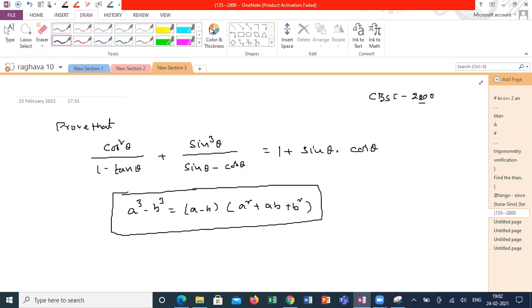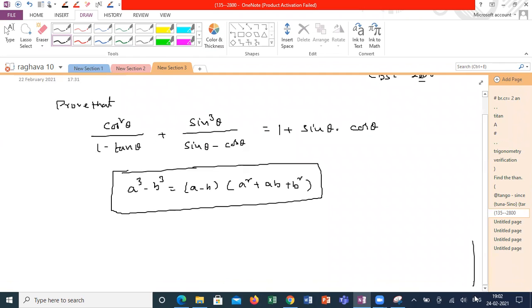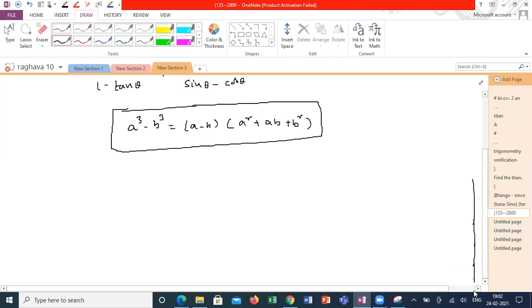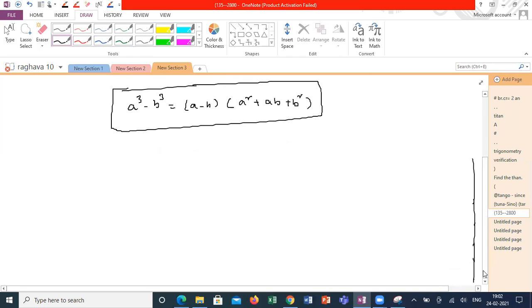Anyone got the answer? Nirupama, Shruti, Diya, Lakshita, anyone? Last step. Let him finish, I will explain. I think he got almost. After that, I will explain.